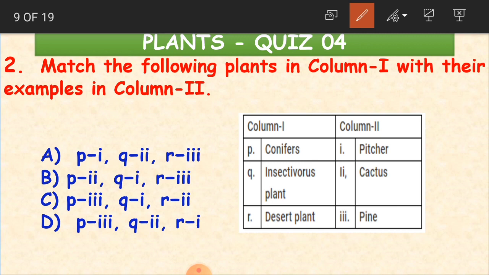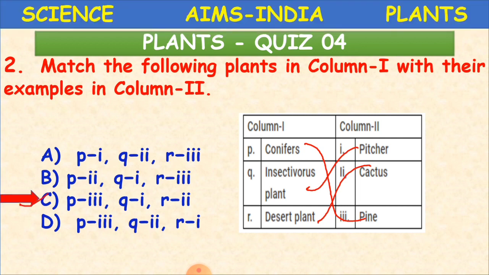For coniferous, the example is pine. Insectivorous plant, pitcher. Desert plant, cactus. Clear children? So our answer is P3, Q1 and R2. So option C is the correct answer. Clear?